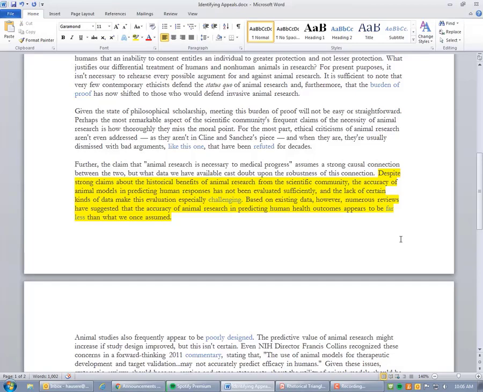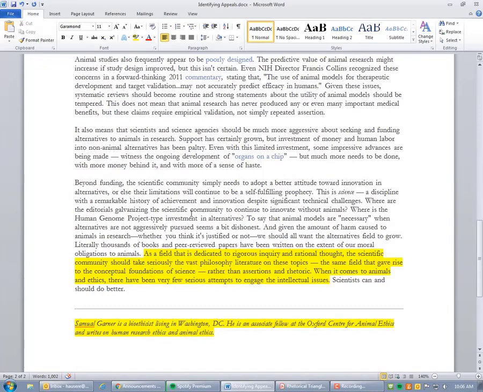This is proof that animal research is not necessarily the best way to go about things. This claim is backed up by this link here, which includes statistics about the fact that animal research is not that effective. So that is a good example of logos there.